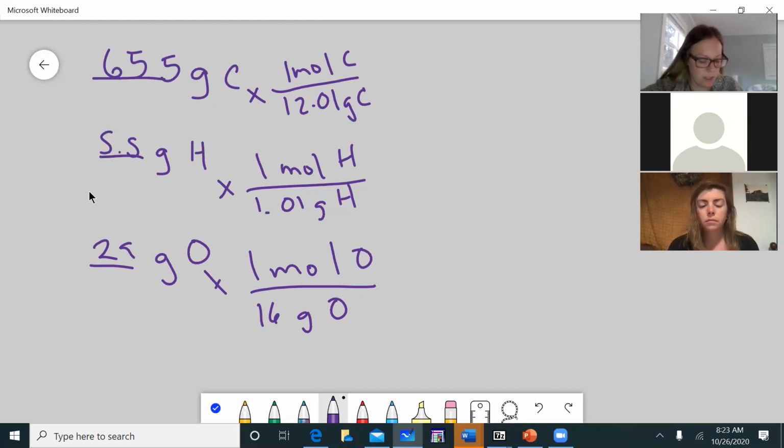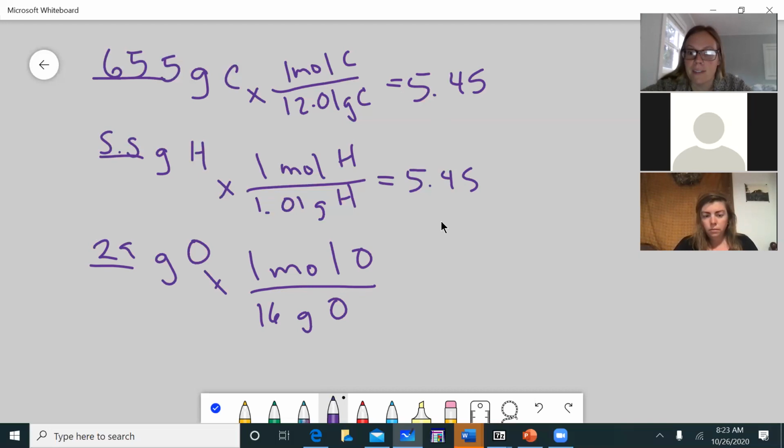So that first value, 65.5, we divide it by the 12.01, and we end up with 5.45. This next thing, 5.5 divided by 1.01, 5.45 also. Two 5.45s, I like that. That's like a 1-to-1 ratio.